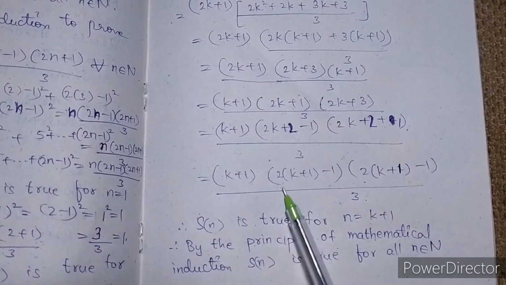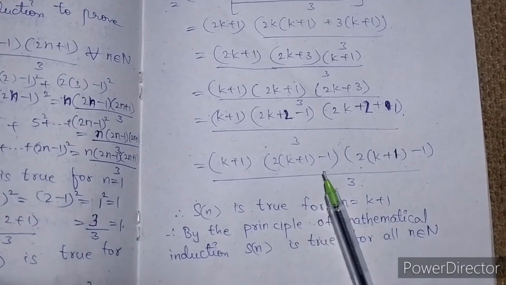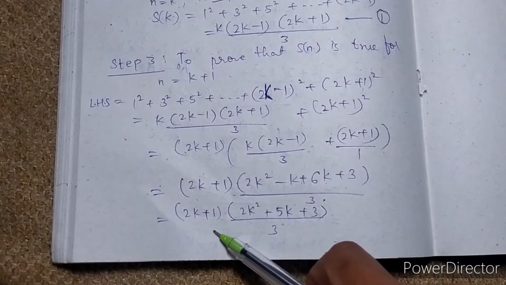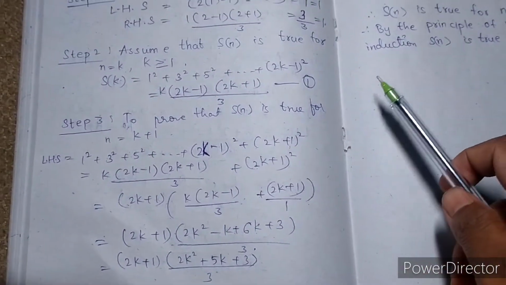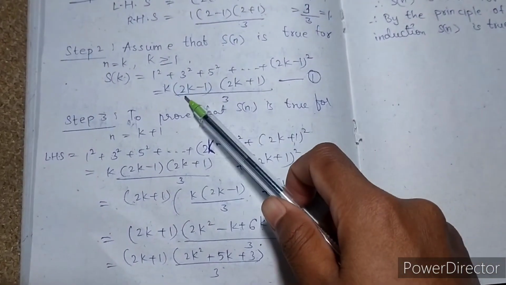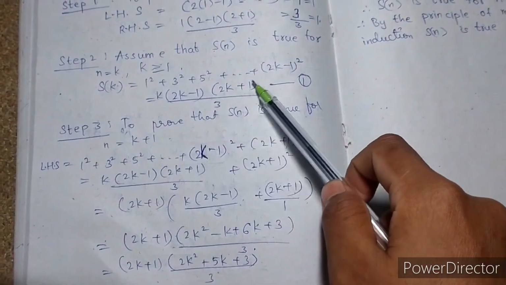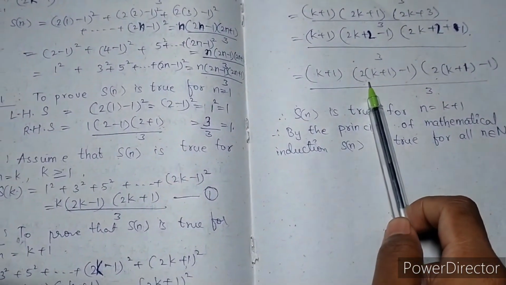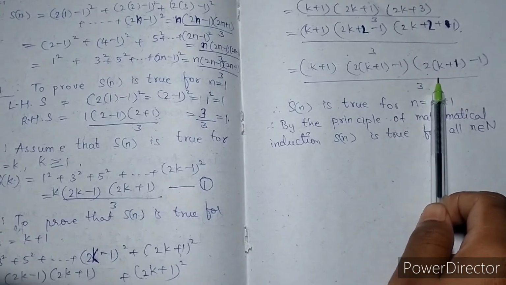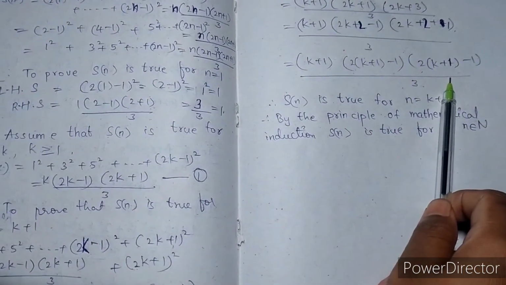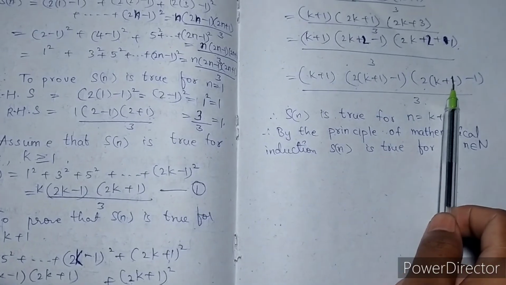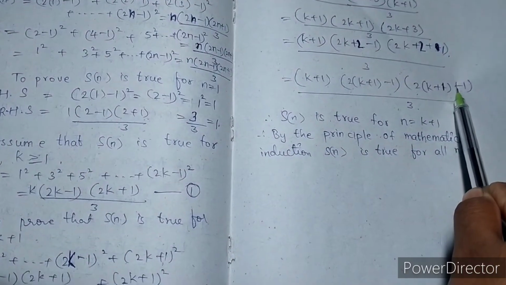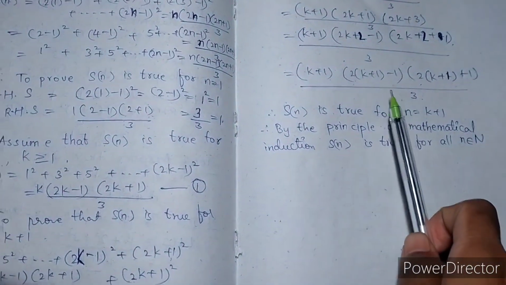Now if you check out, this statement is quite similar to the RHS in equation 1, that is k into 2k minus 1 into 2k plus 1 divided by 3. Here, in place of k we have k plus 1, in place of k we have k plus 1, and here also in place of k we have k plus 1, divided by 3.